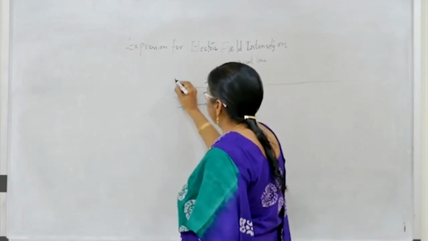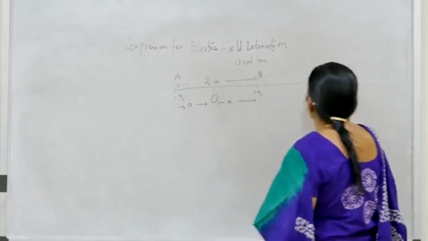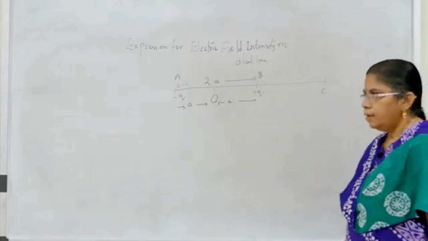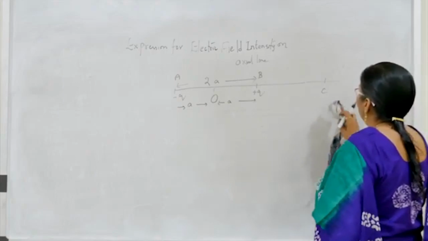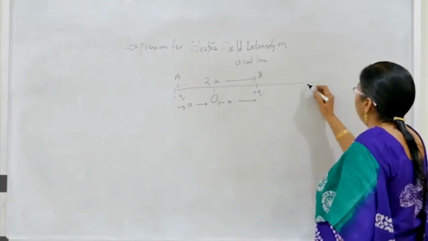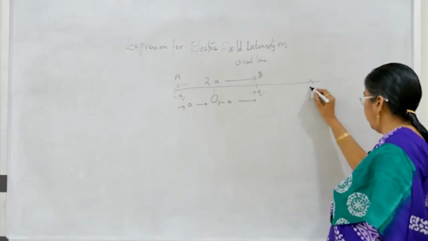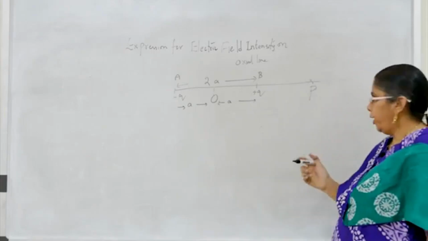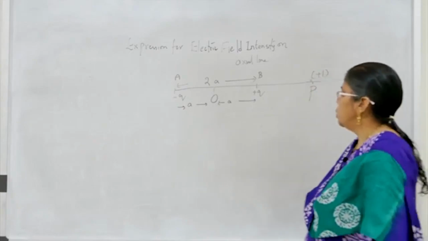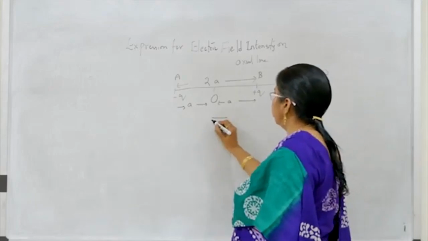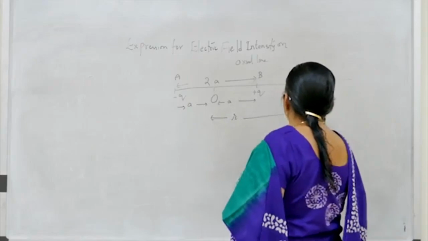I take a point P, for the convenience of students. Near that point, a unit positive charge is placed, which is at a distance r.